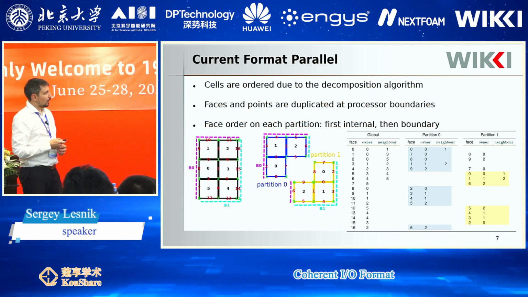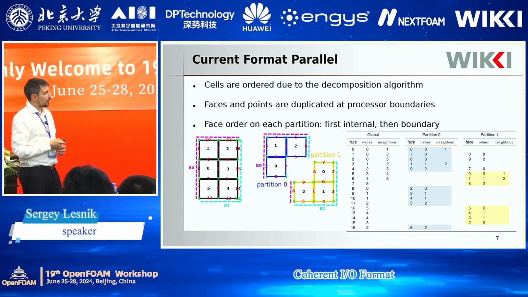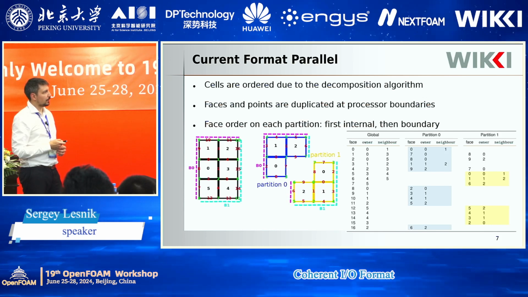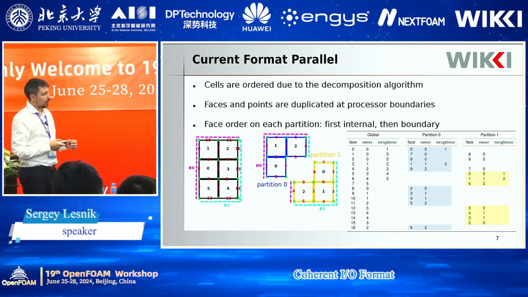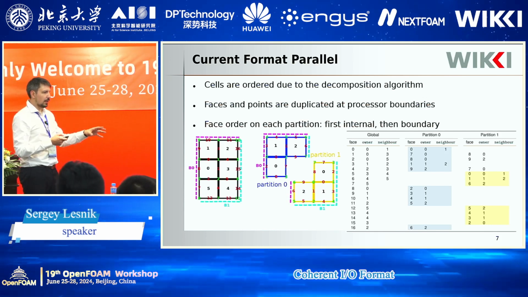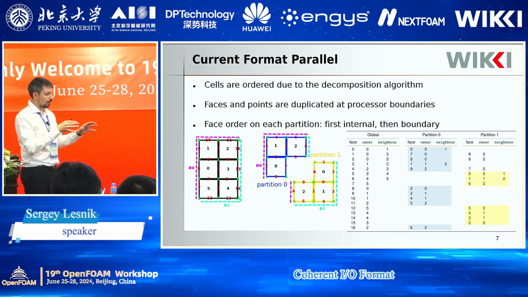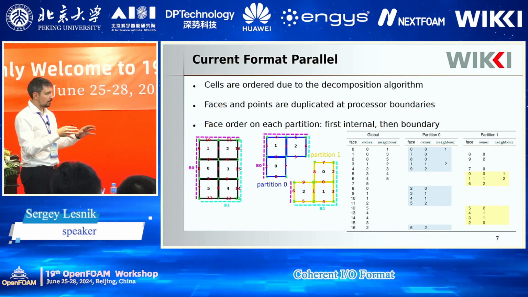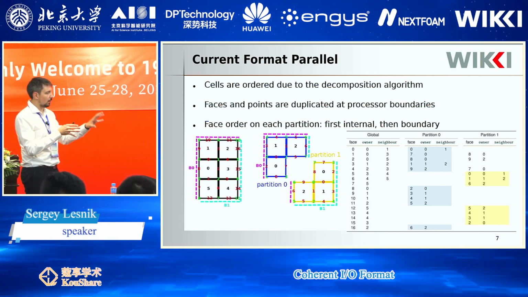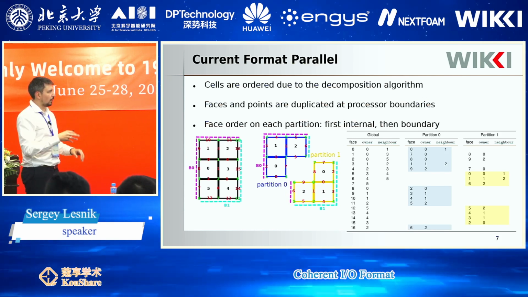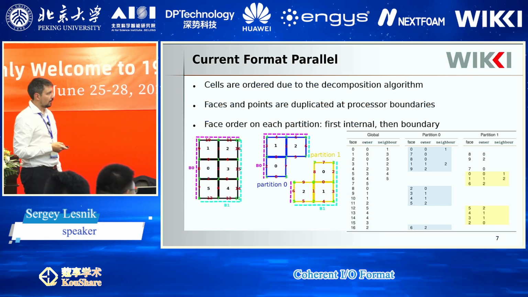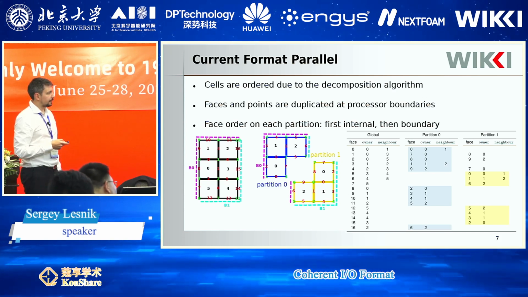And then what we have here, the faces and points are duplicated at processor boundaries. And that's the case both for memory and the storage. So they are actually quite identical, how it runs in the solver and how it's stored on the system.